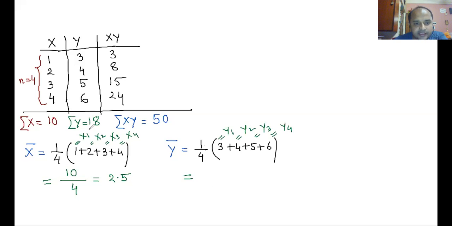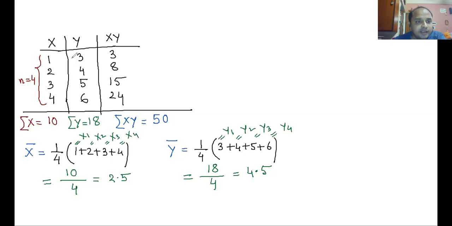And the value is 18 by 4. So 18 by 4, you can use your calculator. 18 by 4 is 9 by 2, that is, we can write it as 4.5. You can do it by yourself if you have a calculator with you.